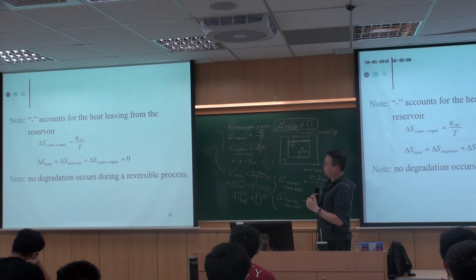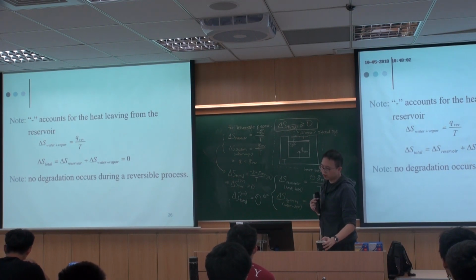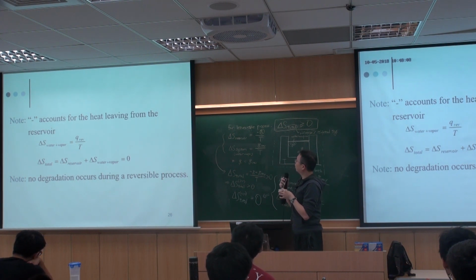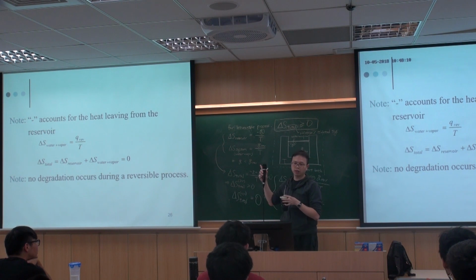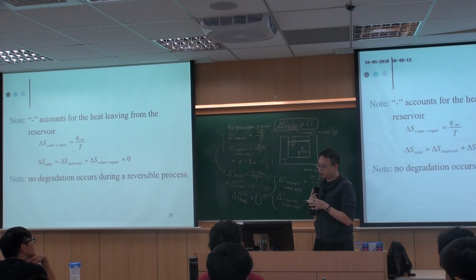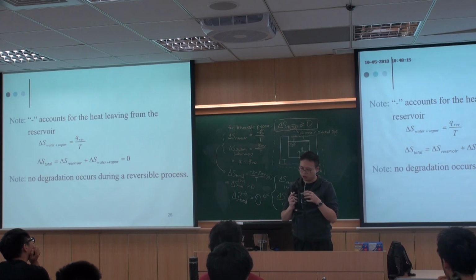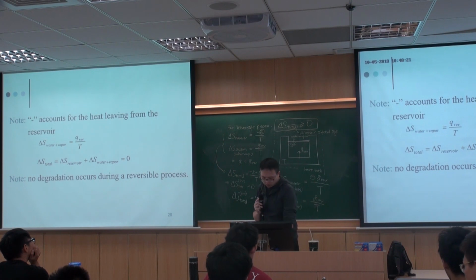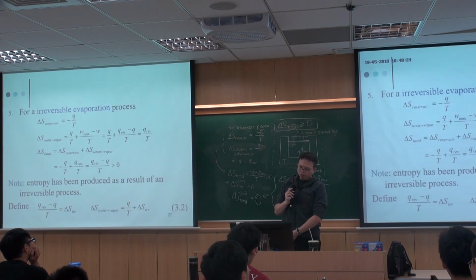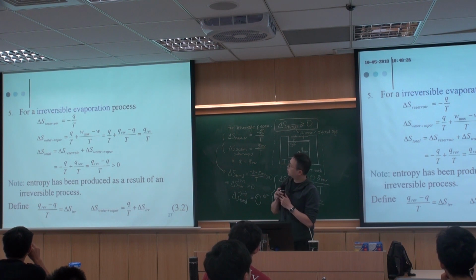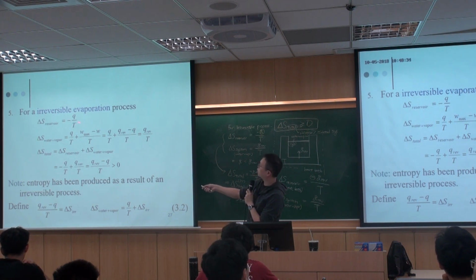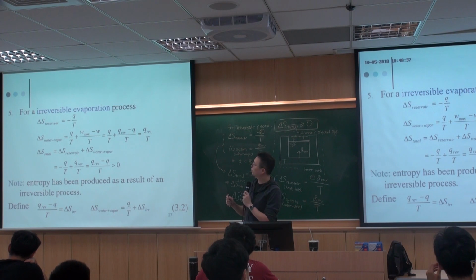Okay, so the following slides will be a little bit complicated if you cannot understand this. But once you understand this, it's probably much easier for you to go through the following slides and also the paragraphs in the textbook. So here it is. For an irreversible process, we define the change of entropy for the reservoir as minus Q over T. And this Q is different from the Q reverse.